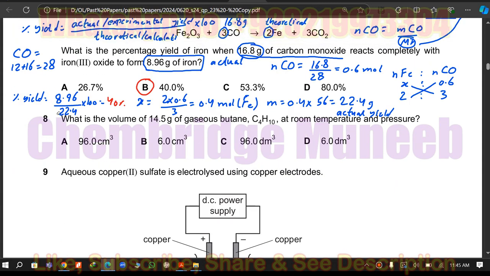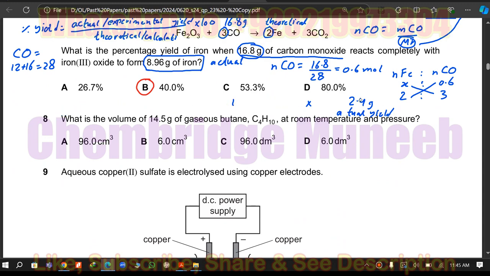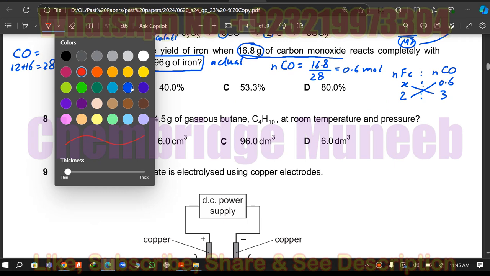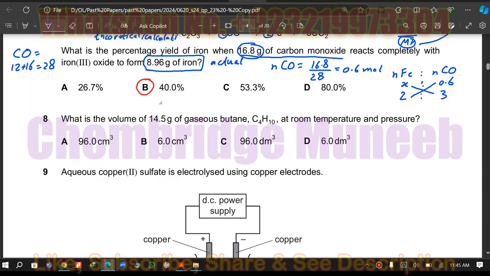Now next question is question number 8. I need to remove some of the working from the previous question to make some space here. Question number 8 states: what is the volume of 14.5 gram of gaseous butane, C4H10, at room temperature and pressure?